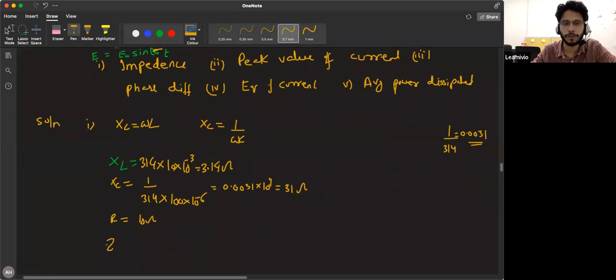So when we calculate impedance, it's very clear that XC is greater than XL. So it will be the square root of (XC minus XL) whole square plus R square.